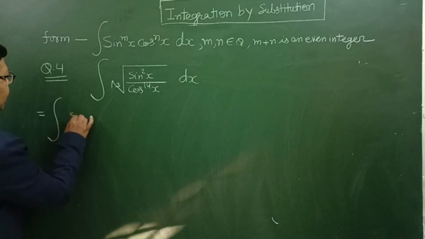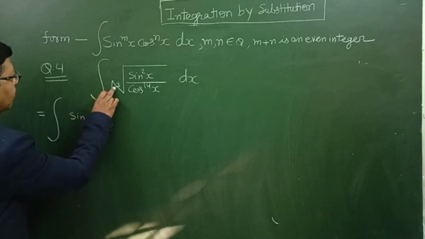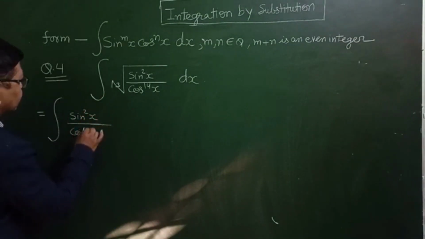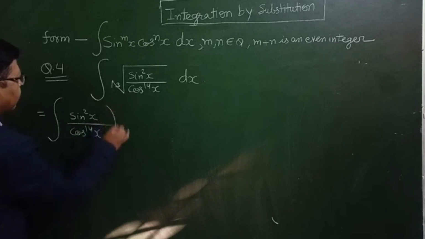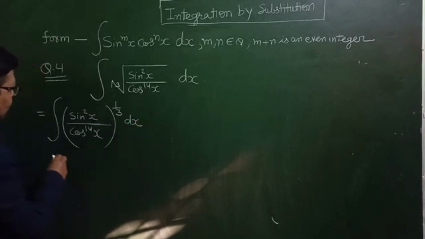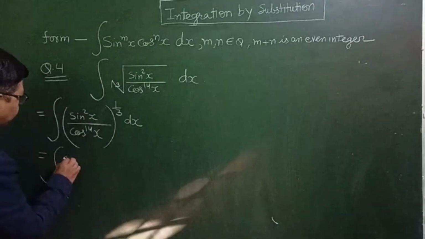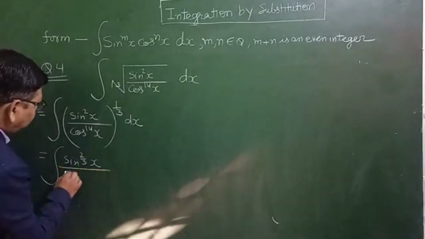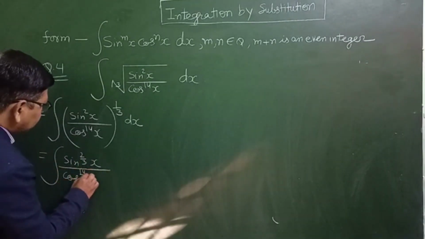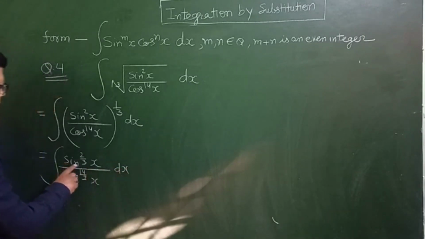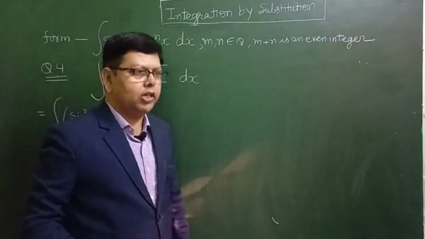Sin square x upon cos 14x whole power 1 by 3 dx, which is equal to integration of sin 2 upon 3x upon cos 14 upon 3x dx, means sin x raised to the power 2 upon 3 and cos x raised to the power 14 upon 3.